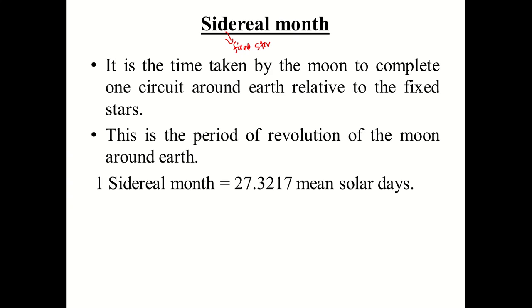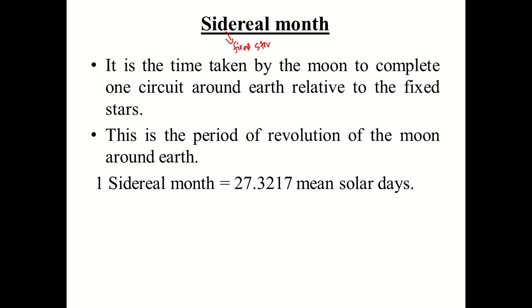That means it gives the true period of revolution of the moon around the earth, the actual time taken by the moon to complete one revolution around the earth.